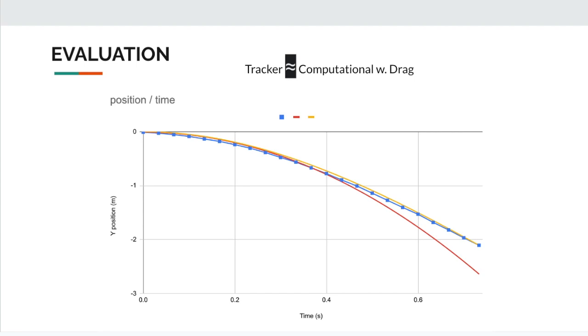So we've established that the real world does have drag, but even in addition to that, the drag model and the Tracker model are meant to be the same. However, there are slight discrepancies, where there's an overprediction in the computational model with drag as well. This means that when we take drag in an ideal sense, where it's constant, in the real world there's not even constant drag.